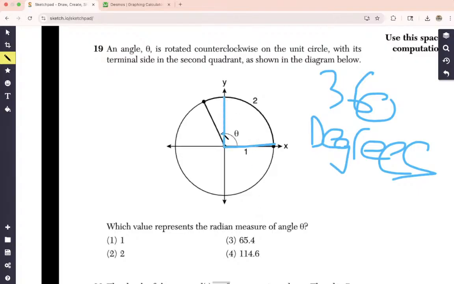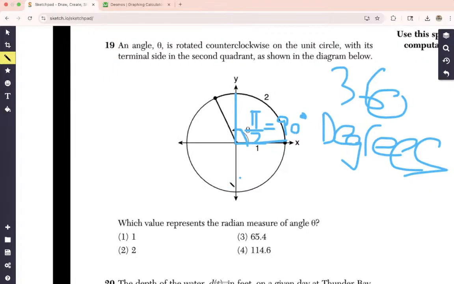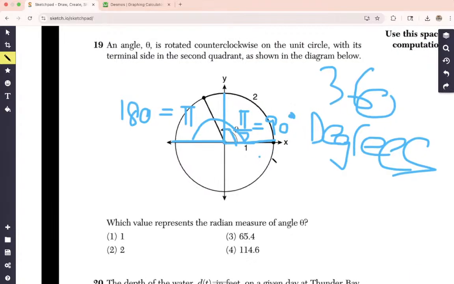What you have to know is that each 90 degrees is pi over 2 in terms of radians. So 90 degrees is the same thing as pi over 2 radians. That means 1 whole pi right over here is equal to 180 degrees, as you can see. This also makes sense because if you multiply this by 2, you essentially get that.